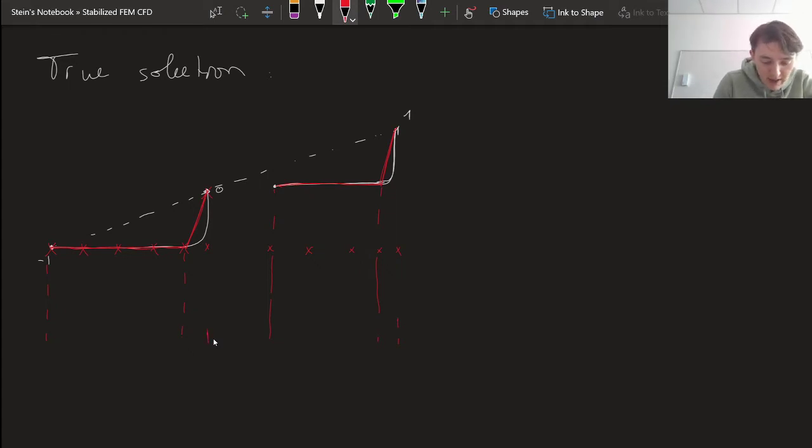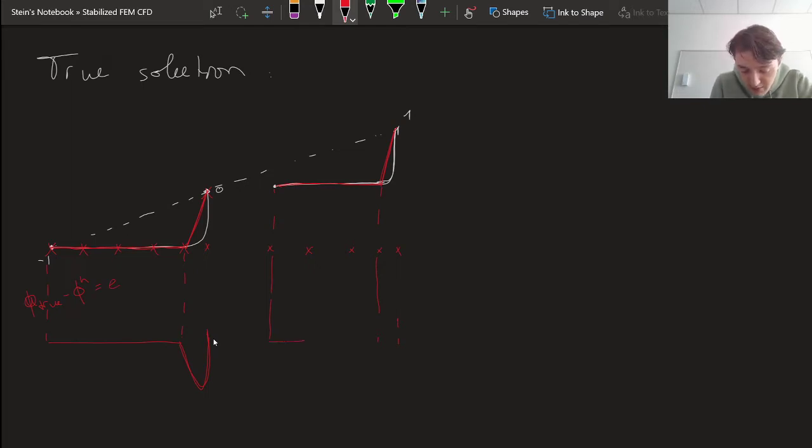If I define my error to be u true, the true solution, or phi true, minus phi h, the finite element solution, then we get 0 everywhere over here. And here we actually get a negative field. It would look something like that, because the finite element solution is larger than the true solution. So we get a field like that. So this is going to be our error.